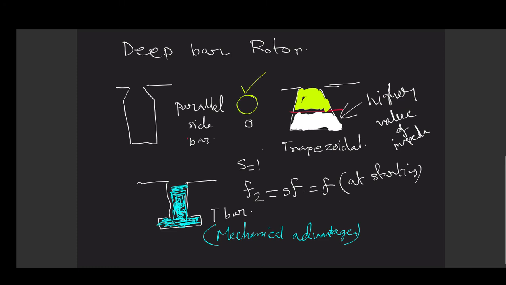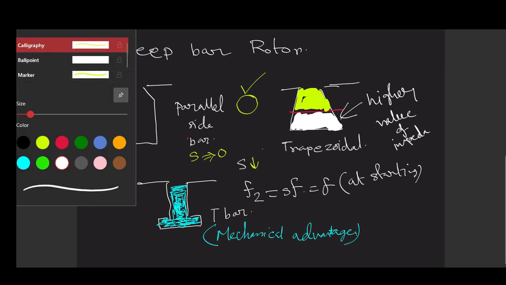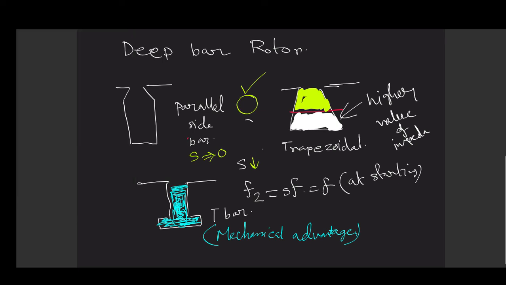Obviously water will prefer this one. However, as the machine builds up speed, S will become small and S tends to 0, and then this leakage will reduce in the lower part, and you will have more or less the same diameter for your rotor.